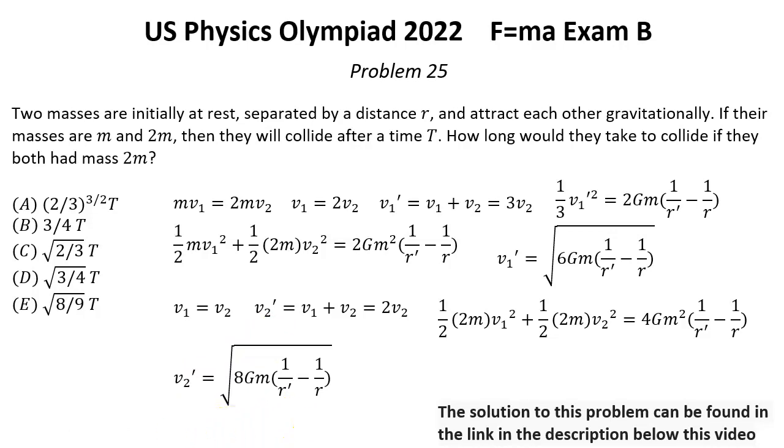Now we can find a relation between v1 prime and v2 prime, the relative velocities for the two cases with the same distance r prime. So we have v1 prime over v2 prime equal square root of 3/4 for the same distance. It means that the time to collide is inversely proportional to velocities. So in the second case we have time equal square root of 3/4 t, which is answer D, and that was the solution for problem number 25.